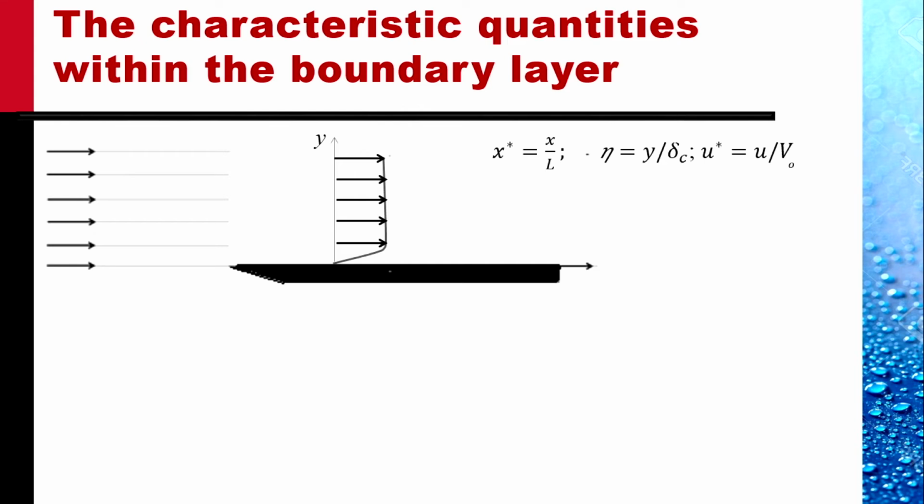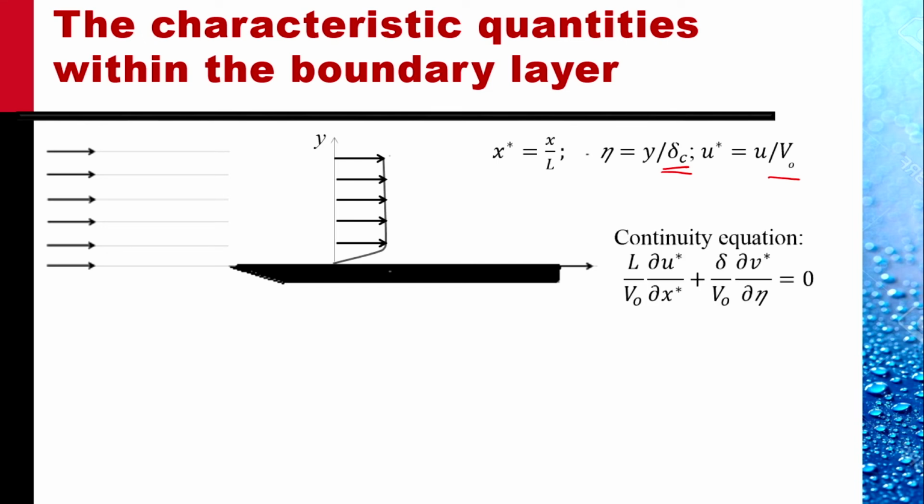But in the y direction, the normalized variable eta is defined with the characteristic length as delta C, the boundary layer thickness. The velocity is normalized with V naught. And if we do this, the continuity equation becomes this in the new coordinates.